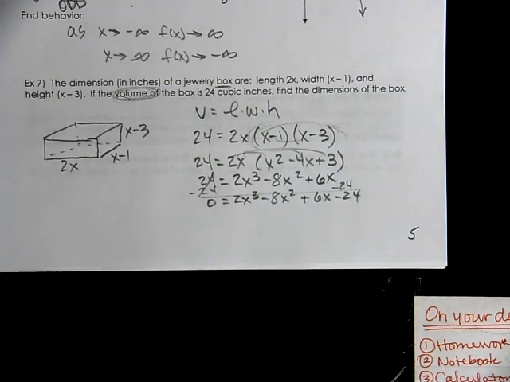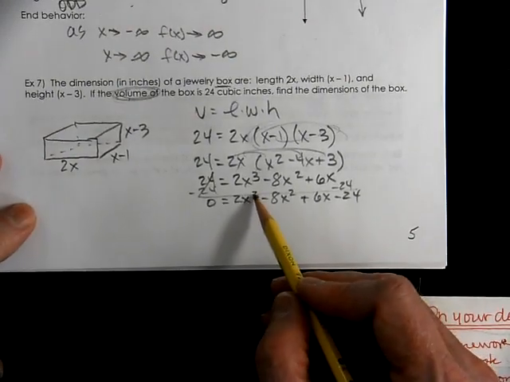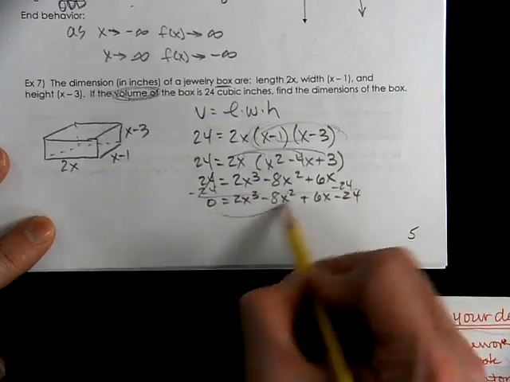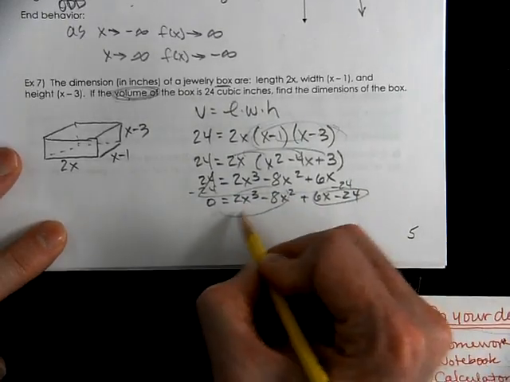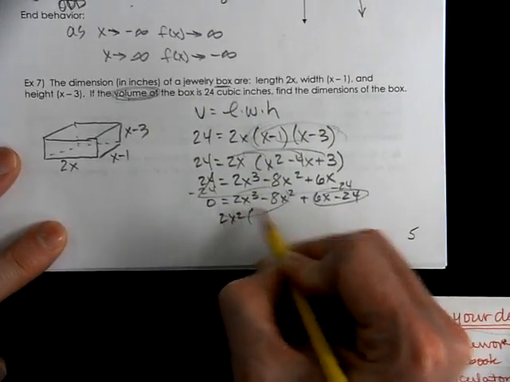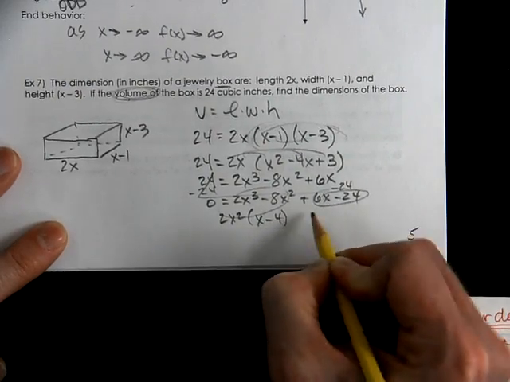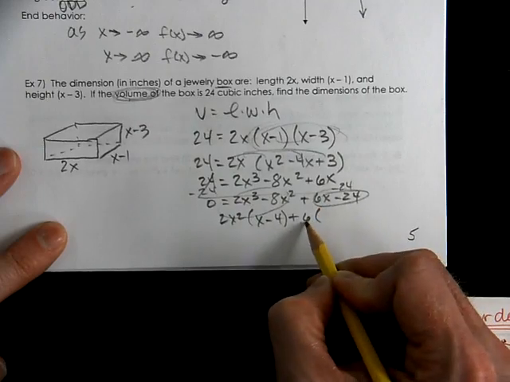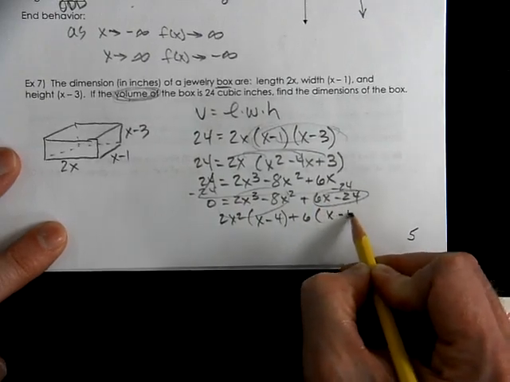So what we need to do is realize that this cubic equation is going to have 4 terms. That means we can use factor by grouping. We can factor out our 2x squared, leaves us x minus 4. Bring down your sign, factor out what you can. X minus 4.